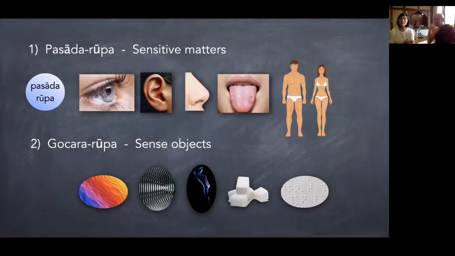Since Bhante is talking about this, just a little reminder of what we have seen previously. Later on in this chapter, we will categorize these matters into subtle matter, gross matter, and many different kinds of categories.